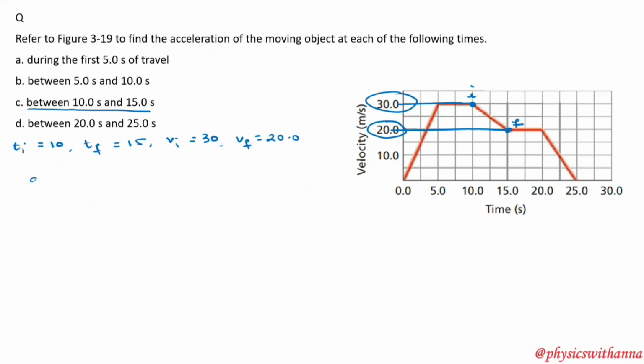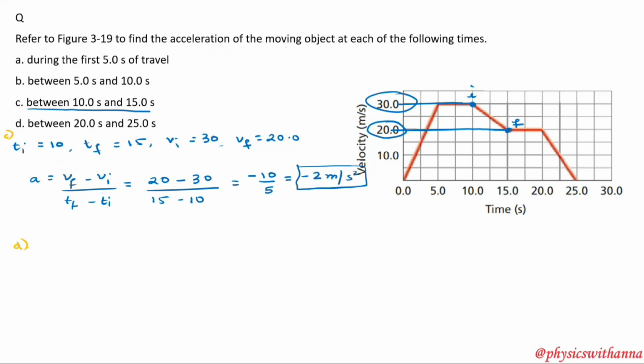Now substitute acceleration A is V final minus V initial over T final minus T initial, which is 20 minus 30 over 15 minus 10. That gives me acceleration as minus 10 over 5, which is negative 2 meter per second squared.